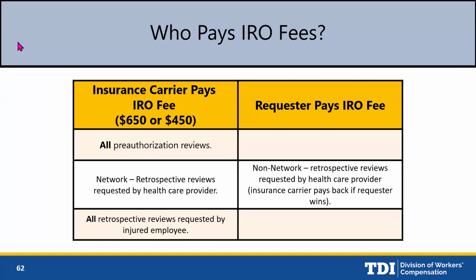If you win, you get it back and you get payment for that bill if it's billed appropriately and there's no CEL, or compensable extent of relatedness liability. So you would have to front that IRO fee if you lose the IRO.